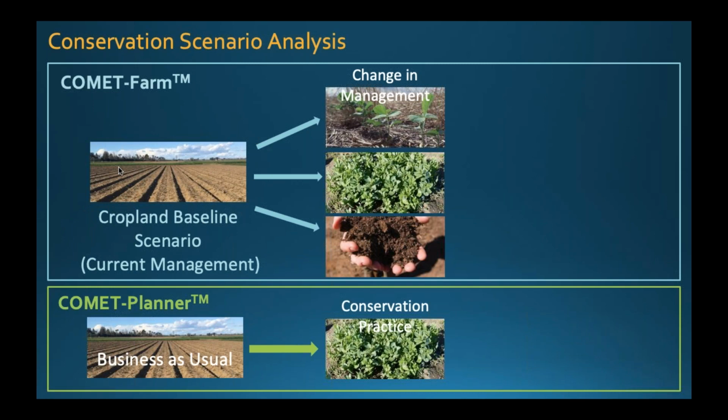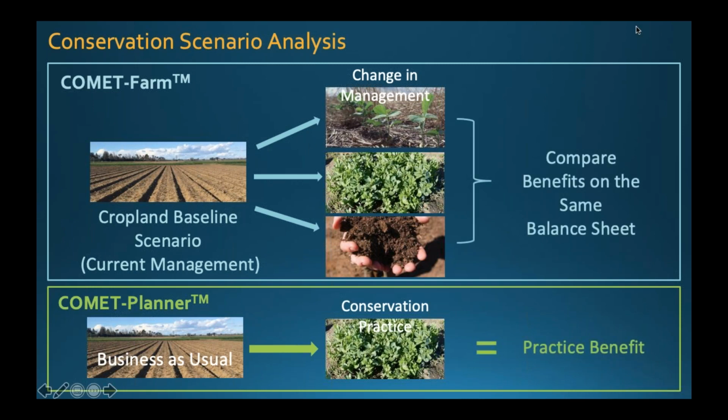And then it superimposes potential conservation practices to compare the benefits relative to a baseline. In Comet Farm, you have the ability to enter your future management, so that would be your change in management scenario. Comet Farm and Comet Planner follow a very similar path. However, we're going to dive into the differences in a second here.